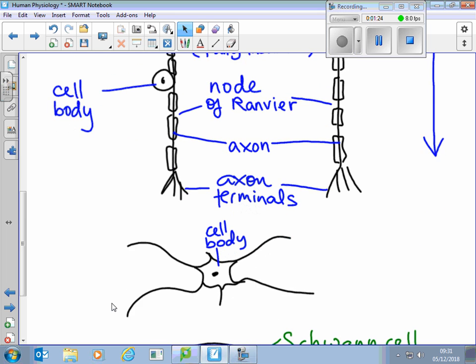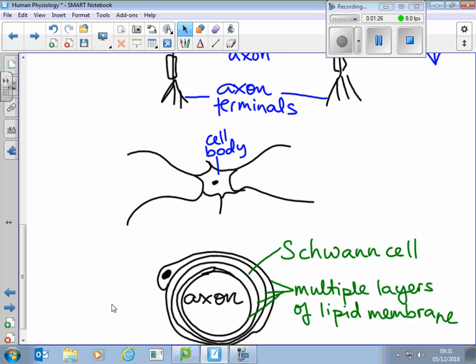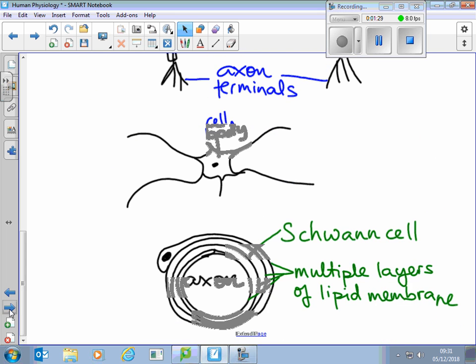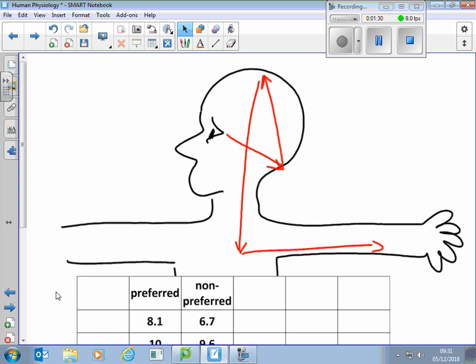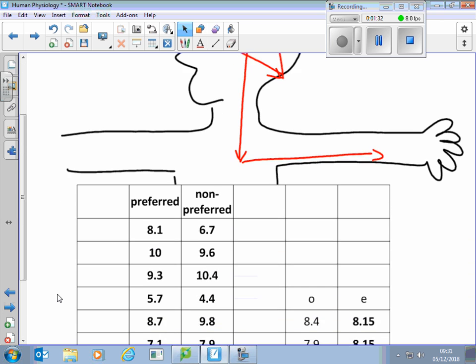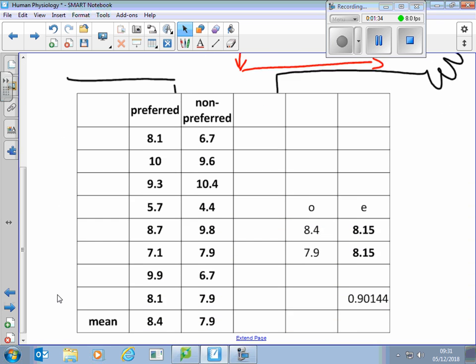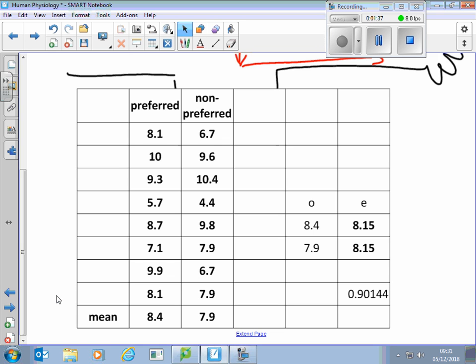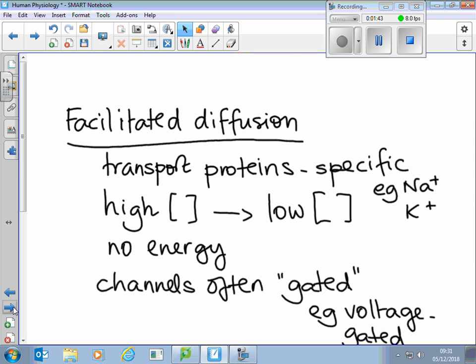And when we got on to looking at the nerve impulses, of course, that was very important. We had a go at measuring your actual impulse speeds using your preferred and non-preferred hands. And curiously, there wasn't a significant difference between those.